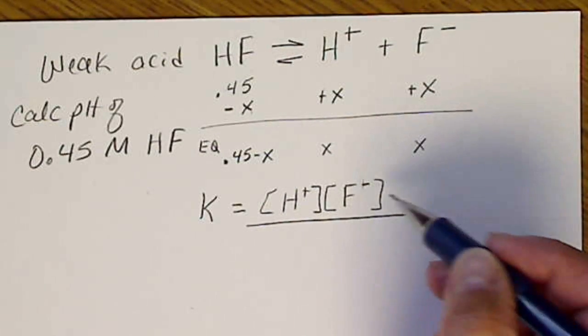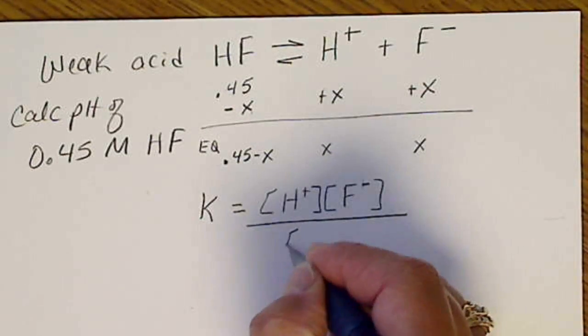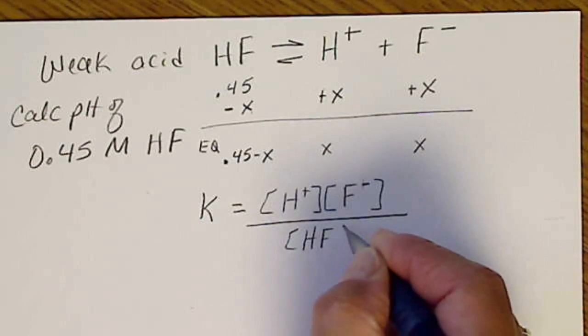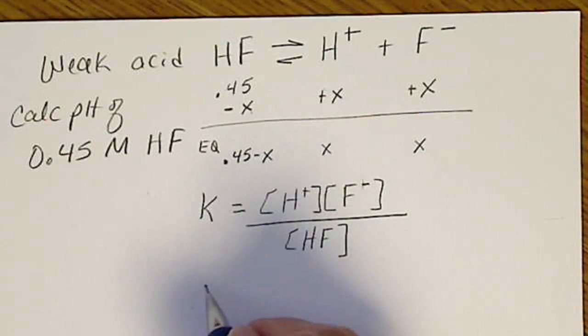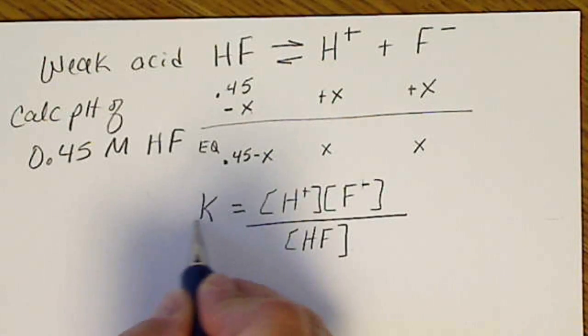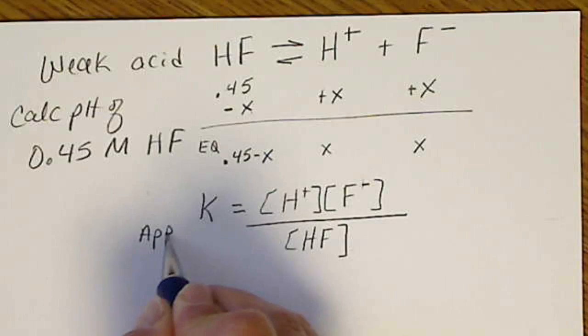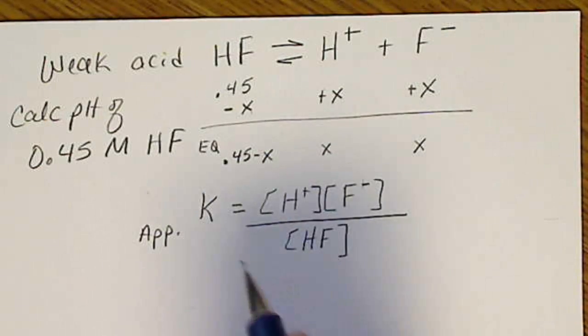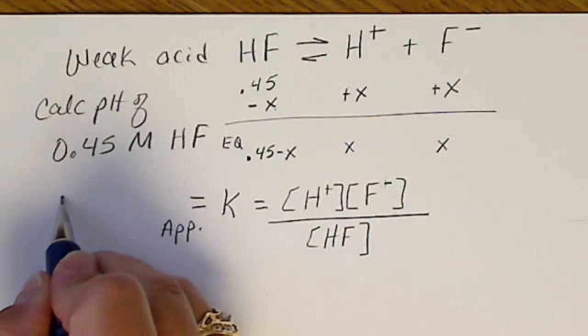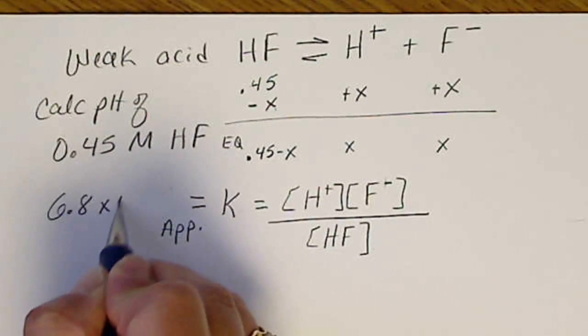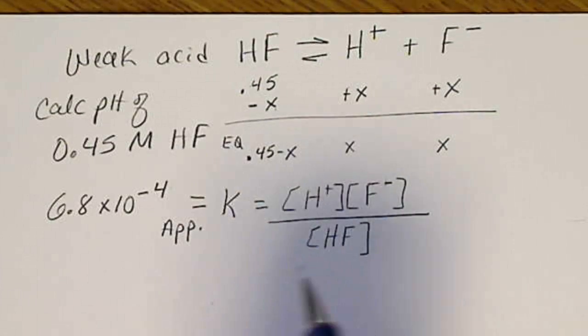So remember, the equilibrium expression is always products over reactants. And then we just substitute in our equilibrium. And K, we're going to find in the appendix. That value we said from the appendix was 6.8 times 10 to the minus 4.